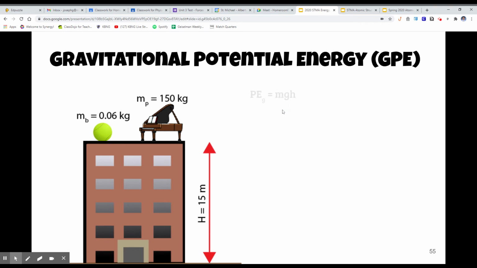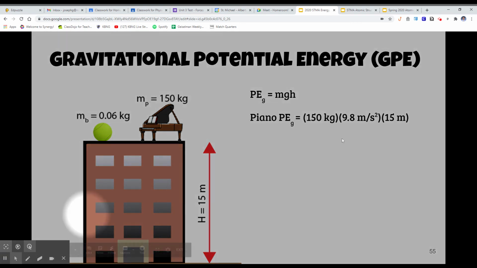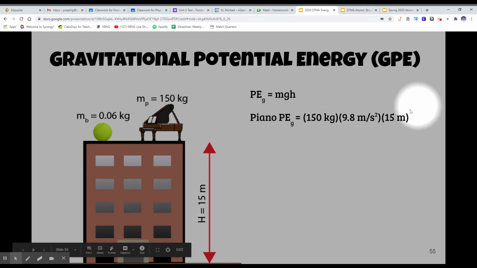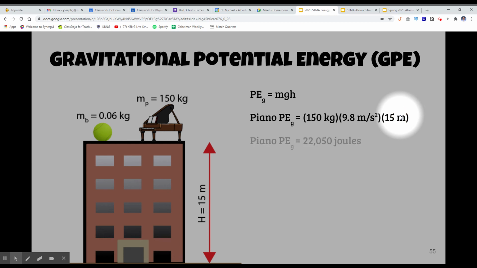Let's start with the piano. So the potential energy formula is right there. PE equals mgh. And for the piano, we know that the mass is 150 kilograms. We know the acceleration due to gravity because it's here on Earth. And then it tells us the height right there in the problem. So by multiplying all those numbers together, we get an answer of 22,050 joules, because energy is measured in joules.